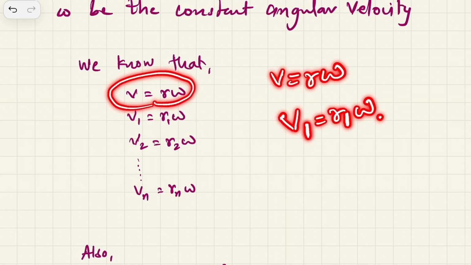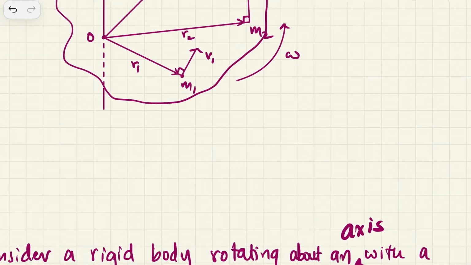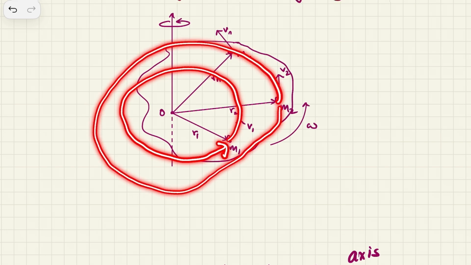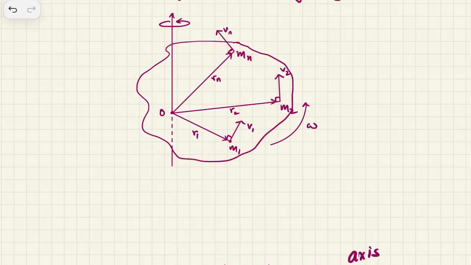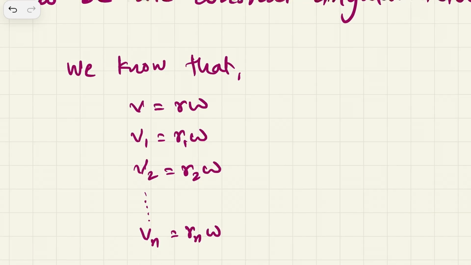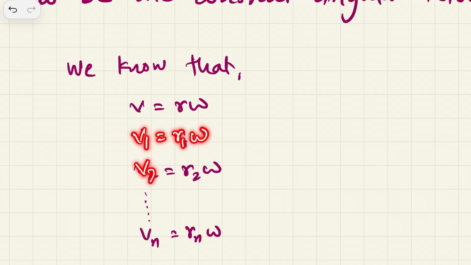The angular velocity for each particle will remain constant, because if this particle moves 360 degrees, the other particles will also move 360 degrees in a fixed amount of time. So omega is a constant, that's why v1 is equal to r1 omega, v2 is equal to r2 omega, and if you keep on going like that, you will get vn is equal to rn omega.